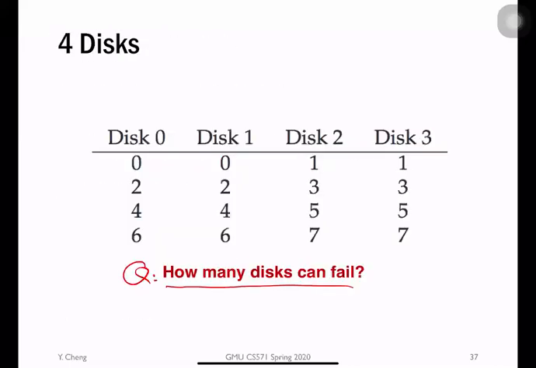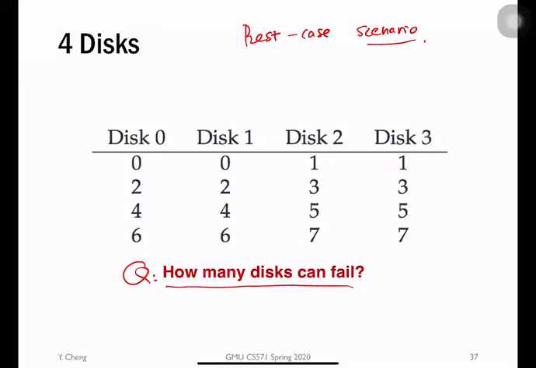So there are 2 answers, and each one of these depends on different cases. So we have a best case scenario. The best case scenario is if the failures happen to non-neighboring disks, non-adjacent disks.